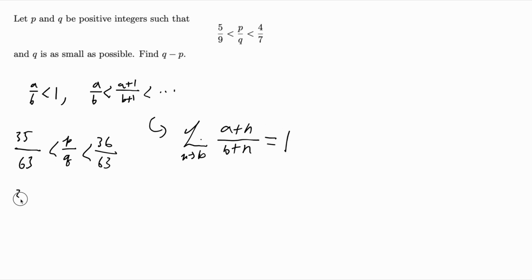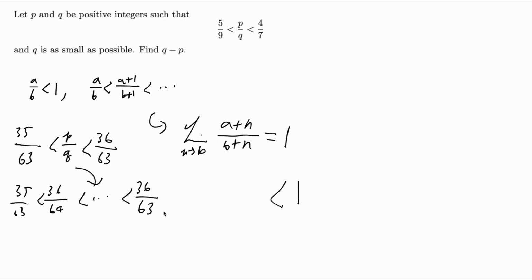Therefore, there will be a time when this thing should be something less than 36 over 63, because ultimately it will be something less than 1. So that's why P over Q should be in here somewhere.